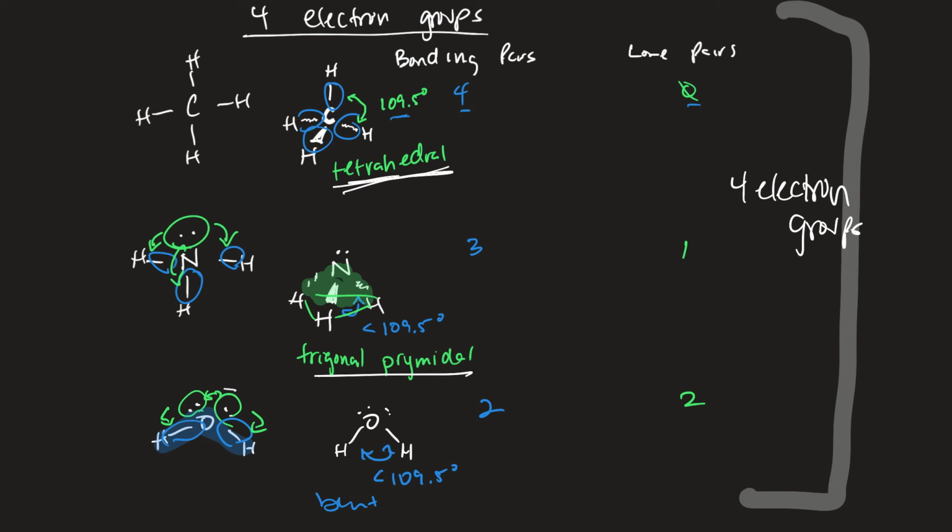Then you have this 4 electron group and its deviations of it, where you have 4 bonding pairs and no lone pairs, 3 bonding pairs and 1 lone pair, and then 2 bonding pairs and 2 lone pairs. We can never have just 1 bonding pair. I mean, if you have 1 bonding pair and 3 lone pairs, that is possible, but in that case, it's linear. So that's a way to categorize this, and this is VSEPR.